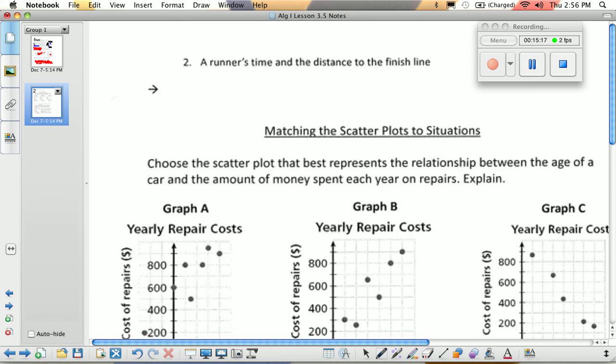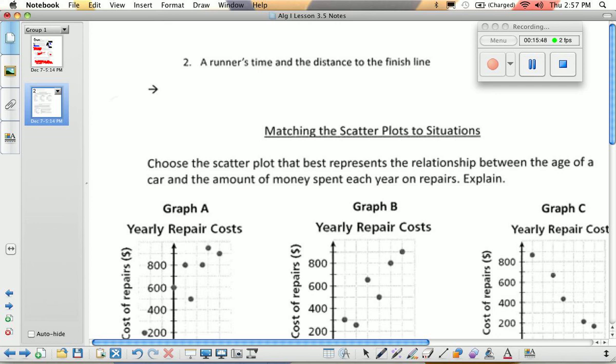Now remember, positive correlation means what? As one increases, so does the other. So as the time increases, is the runner's distance going to increase? No, it's going to decrease. It doesn't say distance run, it says distance to the finish line, doesn't it?